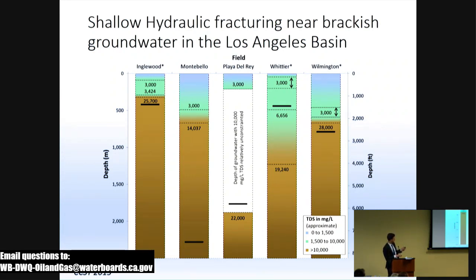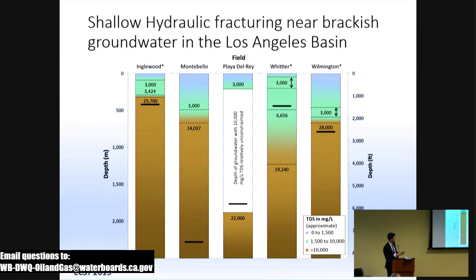These dark bands here show the shallowest hydraulic fracture recorded in the field, as of 2015 when we conducted this analysis.